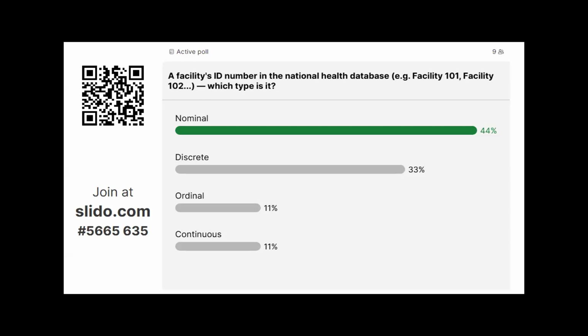I also personally chose nominal because those numbers, from the way it looks, were just assigned to label or identify each facility. So it's more of an identifier, a number that has been nominated to represent each facility. That is why I went with nominal.